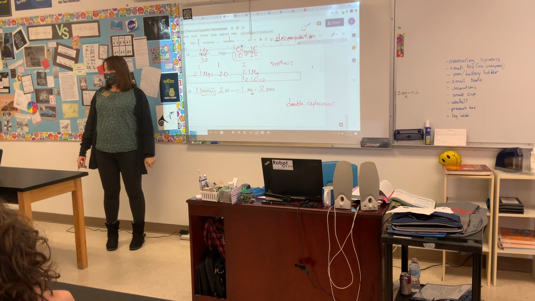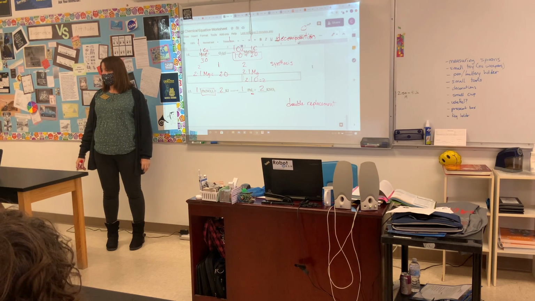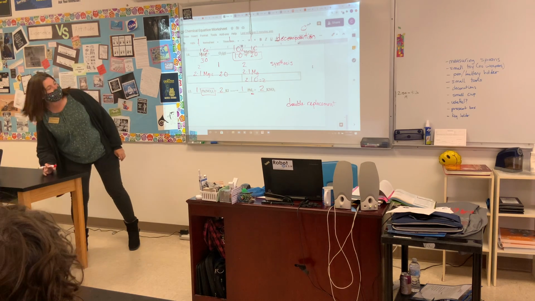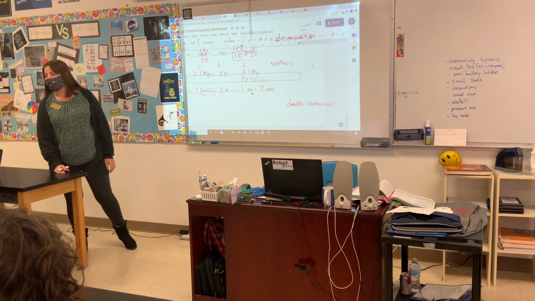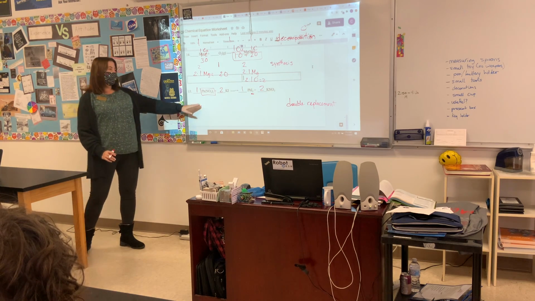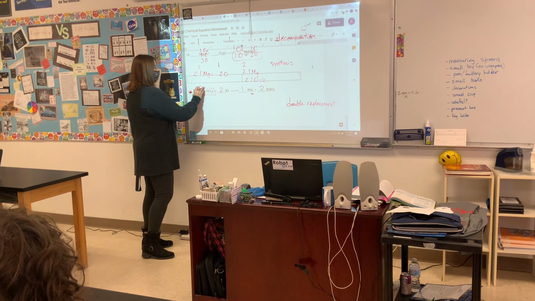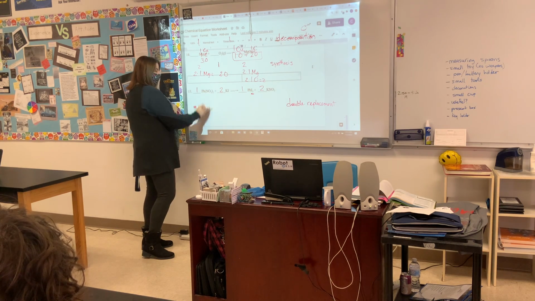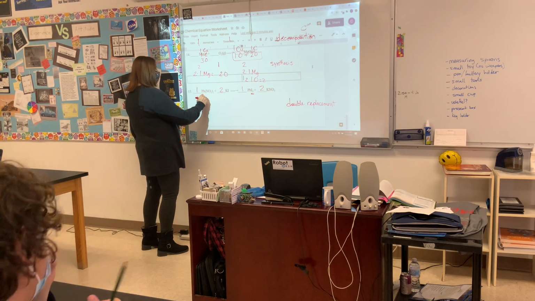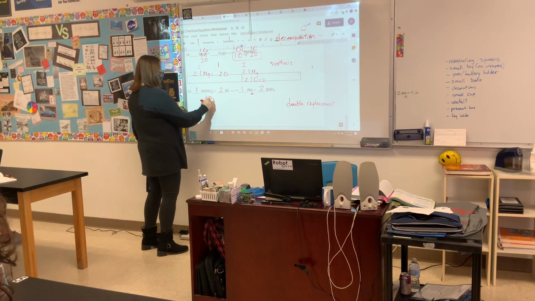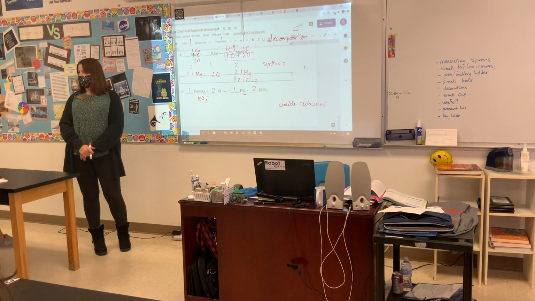How did you know that the NO3 needed that? Okay, so I worked out that there was a problem with our equation, and Bella wants to know how I worked that out. I know from looking things up that this has a -1 charge.